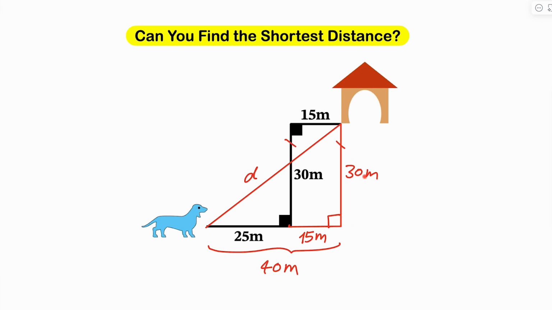So we have two values for the sides, and we can find the value of d by the Pythagorean theorem.